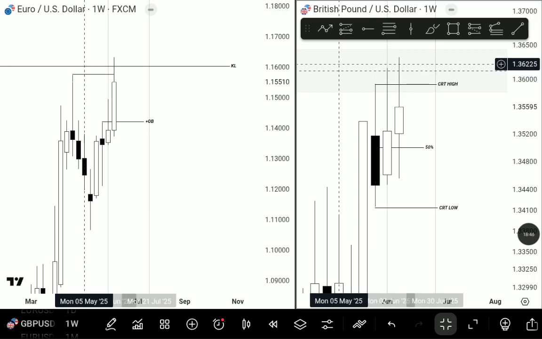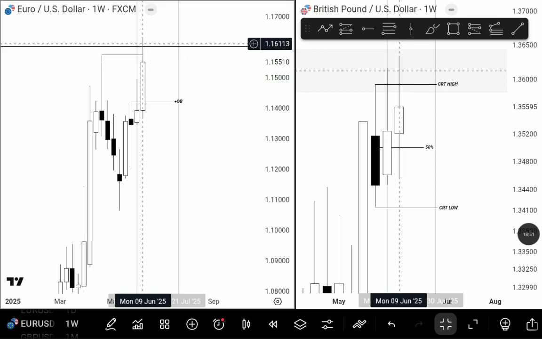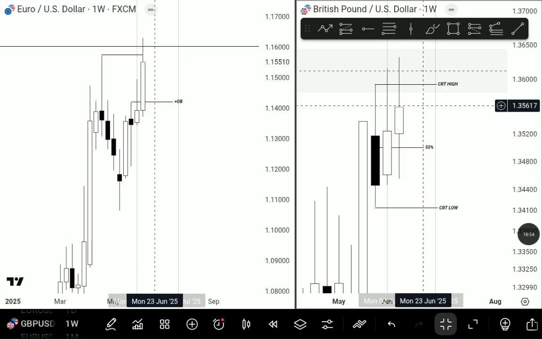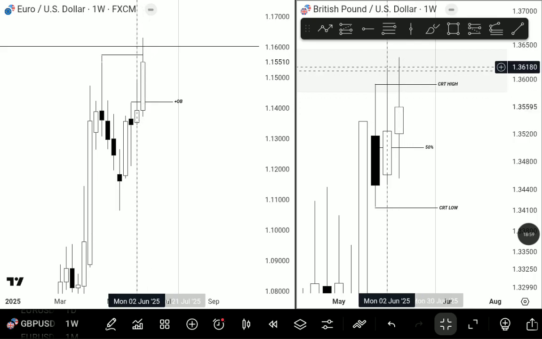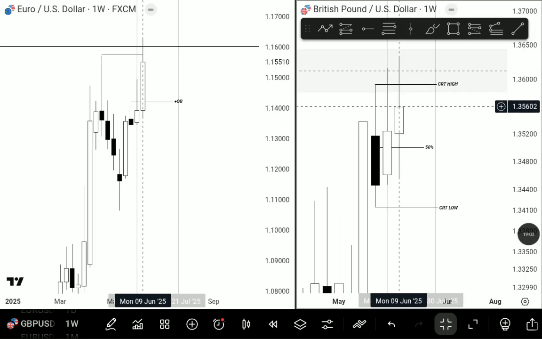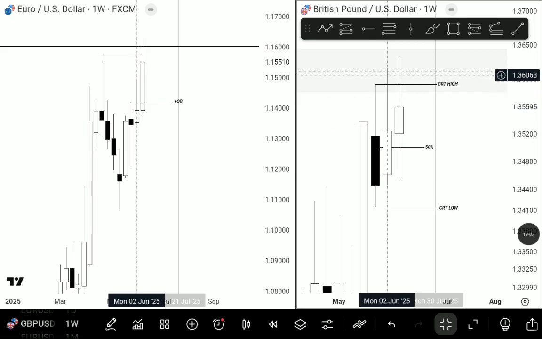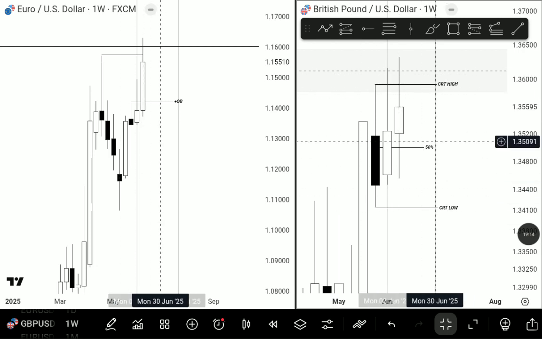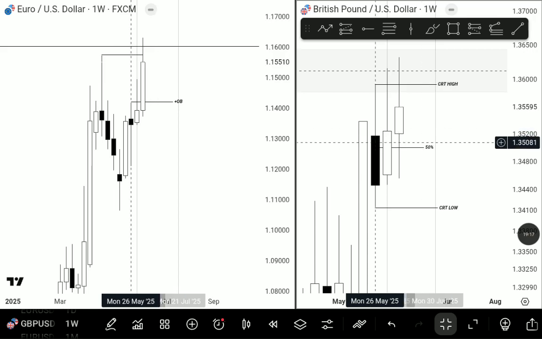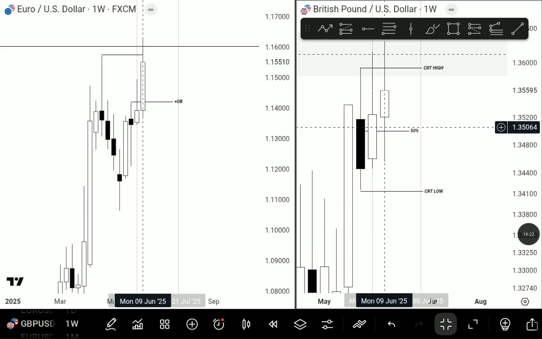On euro it closed above, reaching out to this key level. But on GU you can see price go above the previous weekly high and immediately reject below, clearly showing a manipulation above the previous week's high, which would be above the range high, which makes this CRT framework even more valid, right?